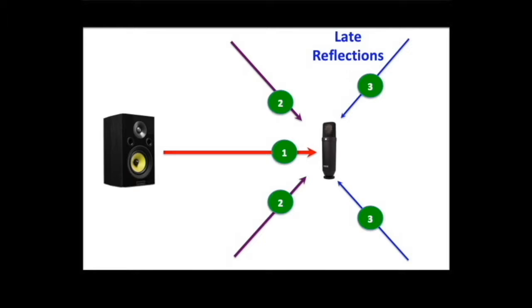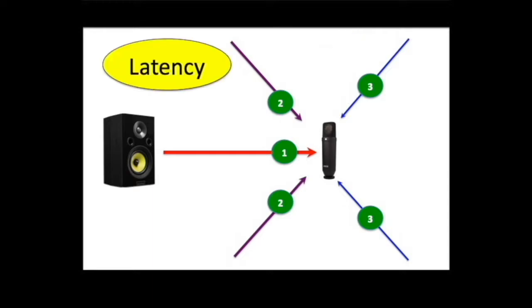So it's like this. Sound from the source is produced in one instance, but then that same sound is repeatedly picked up by the microphone at different times. And this timing thing is known as latency, meaning that late reflections are picked up after early reflections are picked up after direct sound. This is why you end up getting echo effects in a recording.